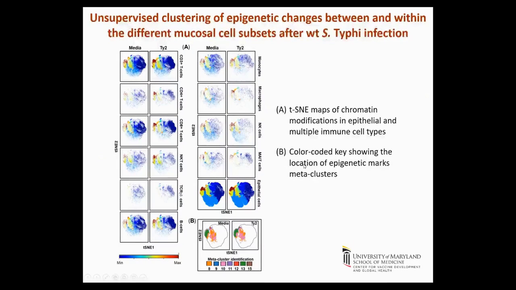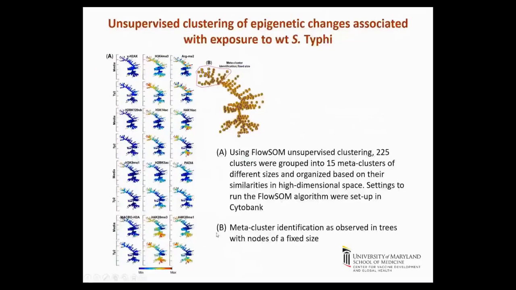So we color coded the location of the epigenetic marked metaclusters, and this is what we see here, so we could study these populations in further detail.